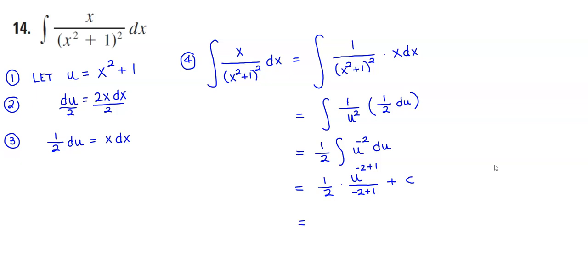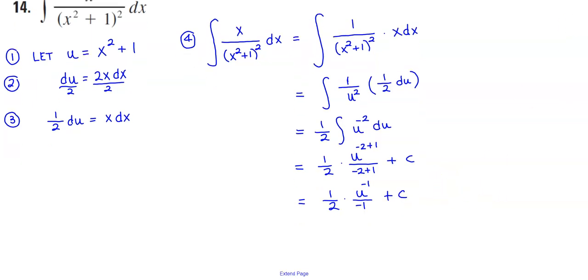So now let's just simplify this a little bit more. So this becomes 1/2 times u to the negative 1, because negative 2 plus 1 is negative 1, over negative 1, and then that's plus c. So as we go a little further, we know that we have negative 1 in a denominator, and you're multiplying these two together. So we're going to have negative 1/2 times u to the negative 1 plus c.